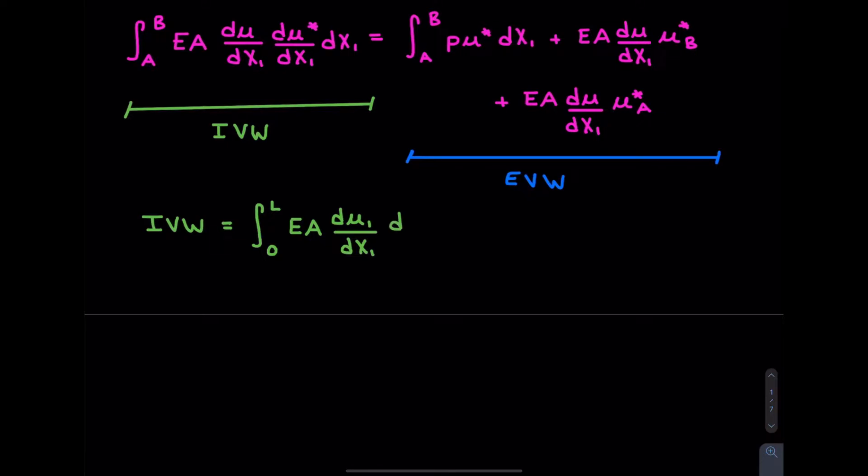The next one is the derivative of our virtual displacement, du1 star with respect to x1, where the star means it's the virtual displacement. And then we have dx1.